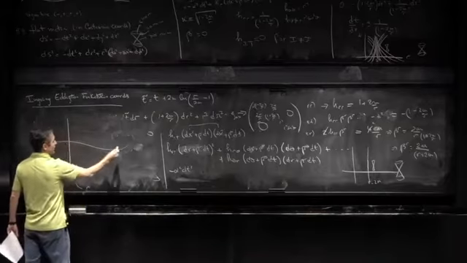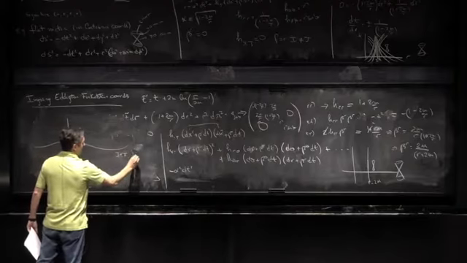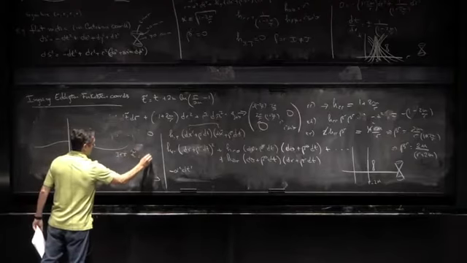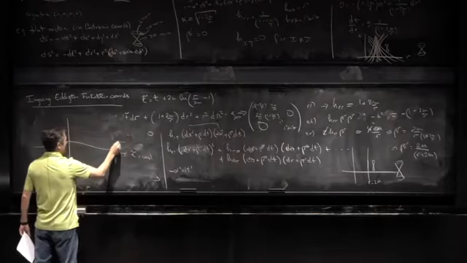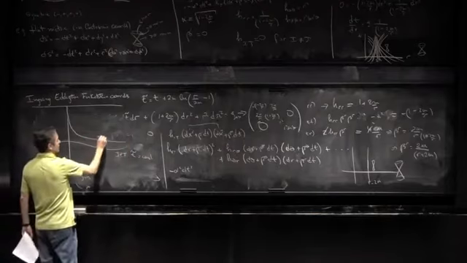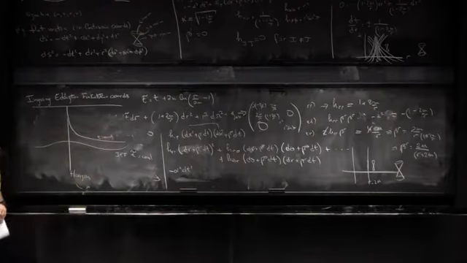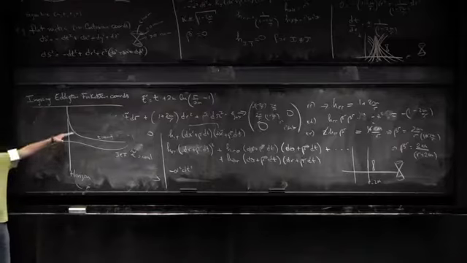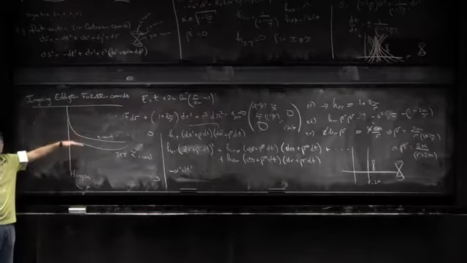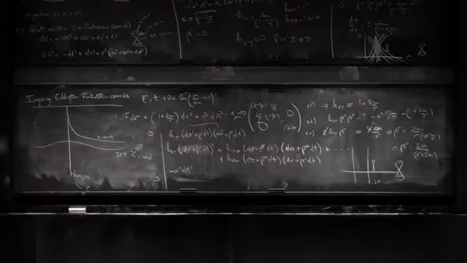As it crosses through the horizon, this would be in the incoming Eddington-Finkelstein, this would be t tilde equal constant. While in Schwarzschild coordinates, it goes like that, this t equal constant in the r coordinates. So it is no wonder that the physics we interpret in one case or the other is completely different. But it's just an artifact of the particular foliation we have chosen. So is this clear?